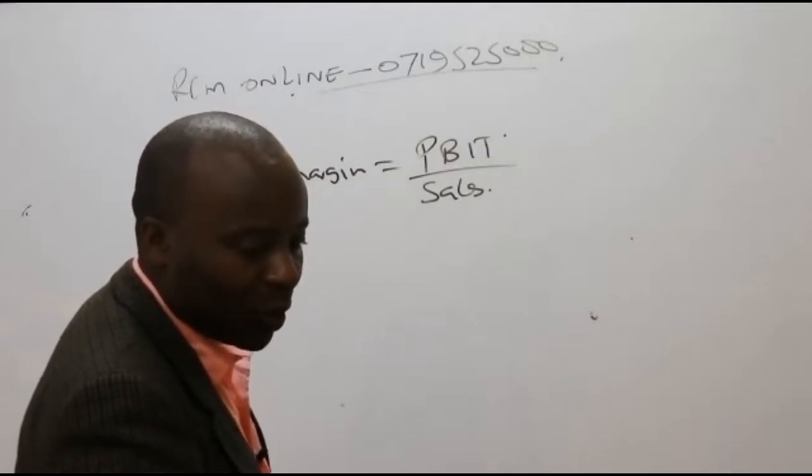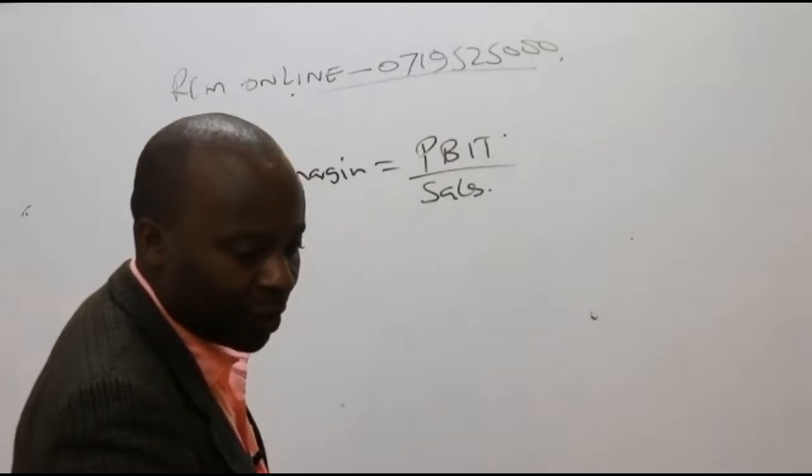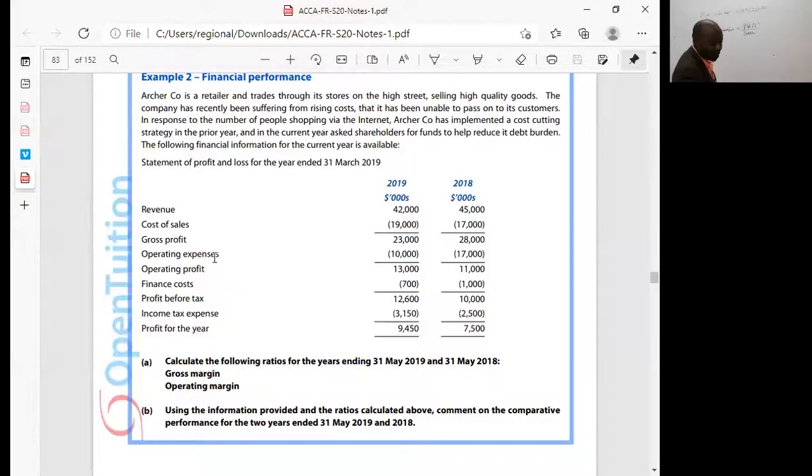So ladies and gentlemen, I would want to share my screen with you so that we can just fix these parameters. You can see the operating profit for the year 2018 was 11,000, and for 2019 it was 13,000.